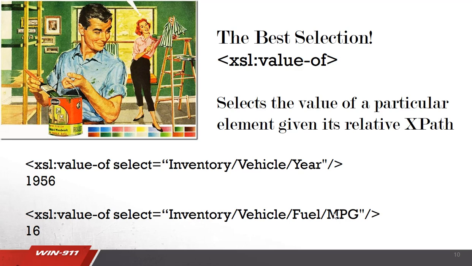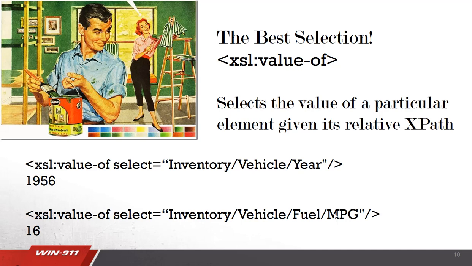So here I have a couple examples. If I'm interested in the year of a vehicle, then I can say xsl:value-of select, and then I use XPath there to navigate down to the particular attribute I'm interested in. The convention for that is the tag names joined together with a forward slash, similar to a file path in an operating system. So I want to find the inventory, and underneath the inventory, I want to go into the vehicle.